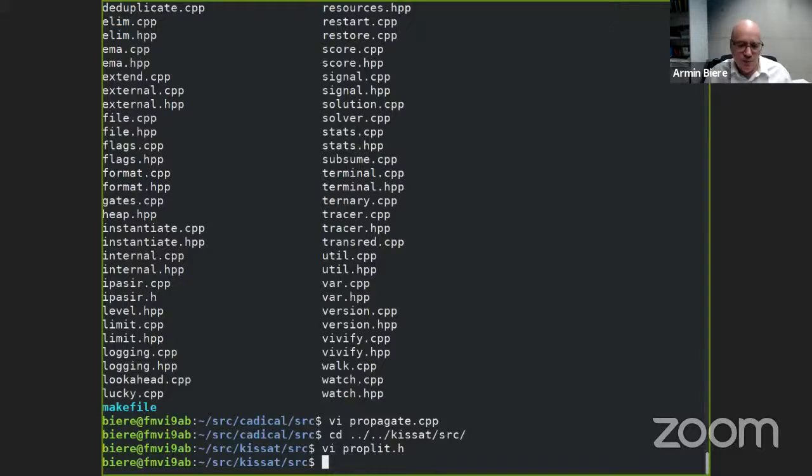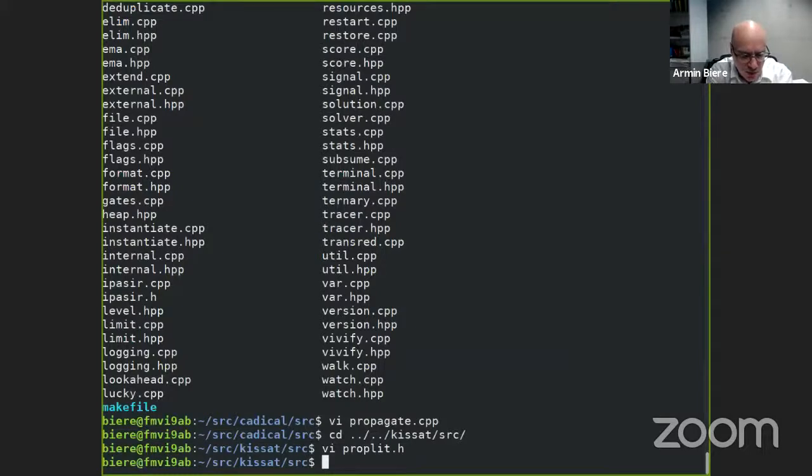So for instance, one thing I really hate is the sorting. It turns out that for this VMTF, it's better to bump the literals in the order of their stamps. And it's very simple, very compact code.